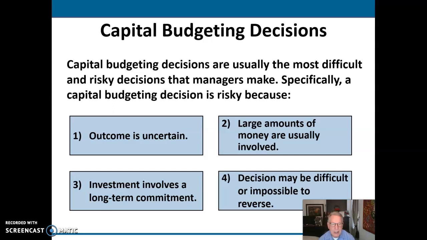And the decision is almost impossible to reverse. An example of that is when you buy an automobile. Once you buy it, it's a fixed cost, it's a sunk cost, and you're not going to get it back if you make a mistake.